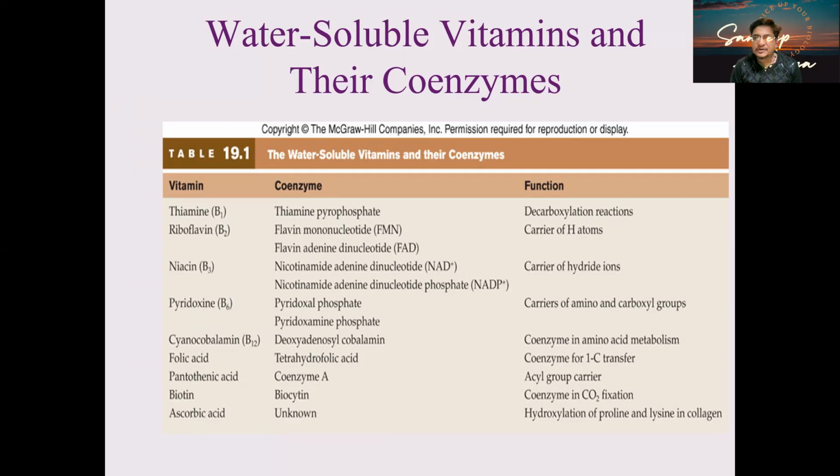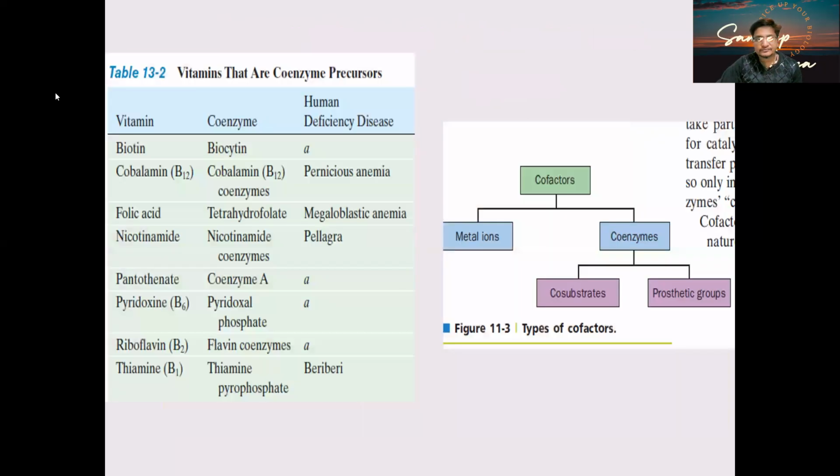Biotin, which is a coenzyme in the CO2 fixation. Ascorbic acid does play an important role in the hydroxylation of the proline and the lysine residues, which form the triple helix.